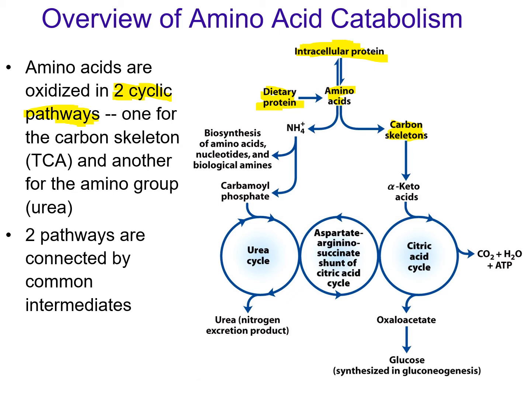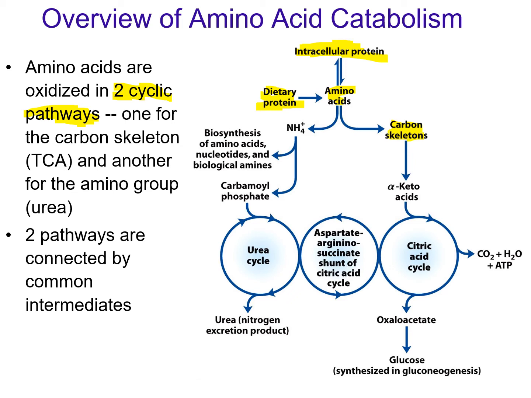So again, we never store our amino acids, but what we do is take that amino acid and break it down into two parts. One is a carbon skeleton, which is an alpha keto acid, which can enter the citric acid cycle and give us glucose and then glycogen. But what do we do with that amino group? Well, we cleave it off as ammonia. That ammonia can be utilized to synthesize other amino acids.